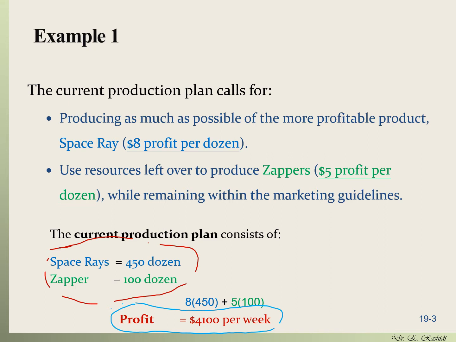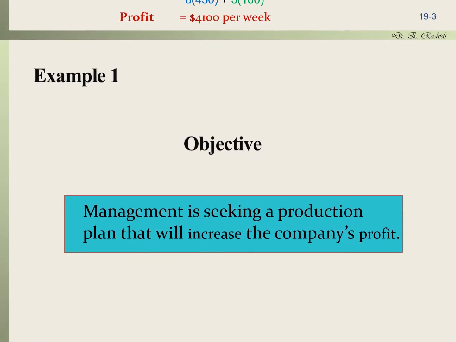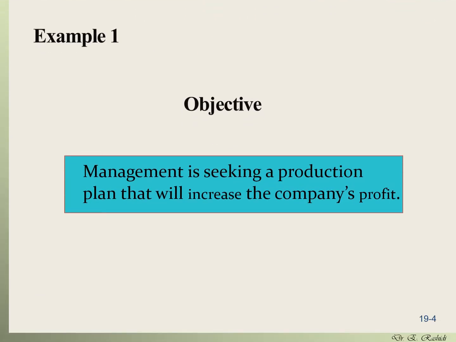So let's go ahead and start modeling this problem into a linear programming model. What is the objective of the problem? What does the manager want to do? The management is seeking a production plan for the zapper and the space ray that would maximize the profit of the company, given that it stays within the resource constraints.